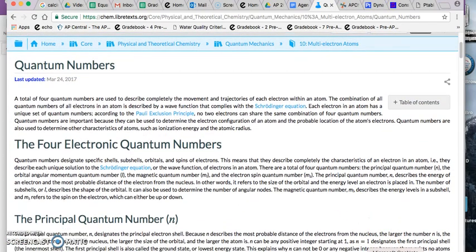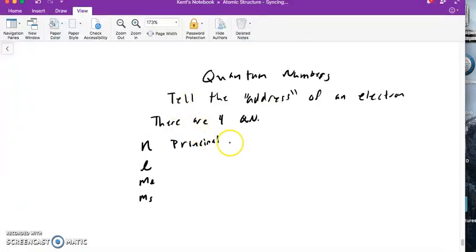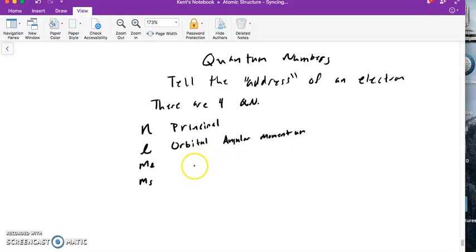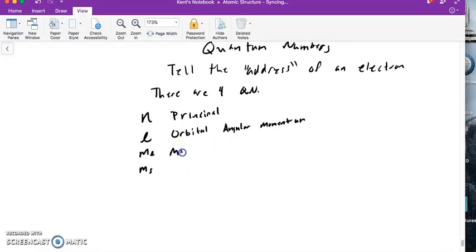P-a-l. Principal, like the school kind, I think. Okay, principal quantum number. l is called the orbital angular momentum quantum number. m sub l is called the magnetic quantum number.